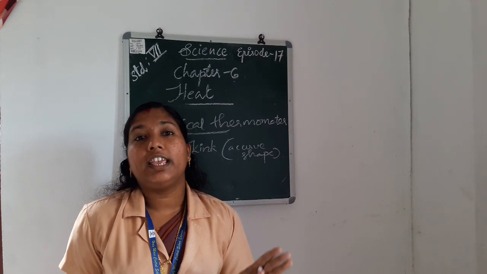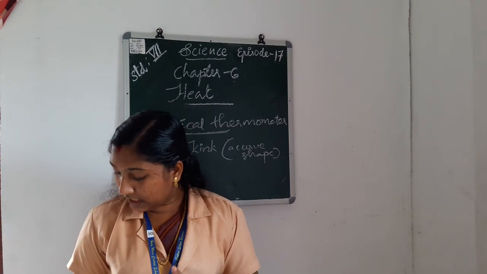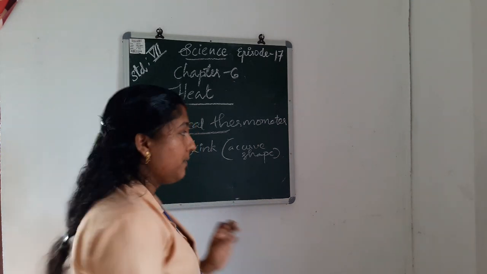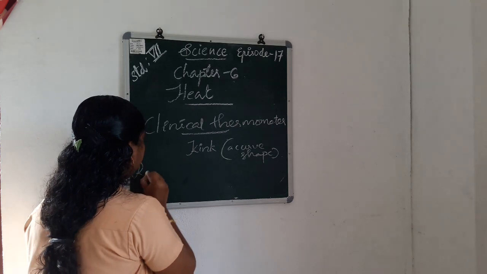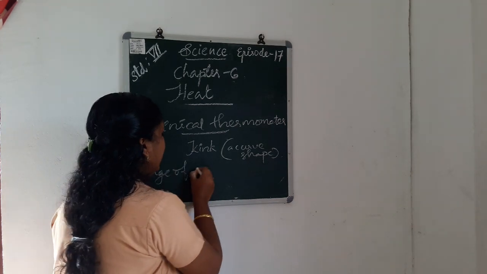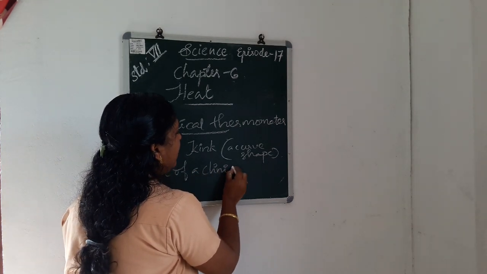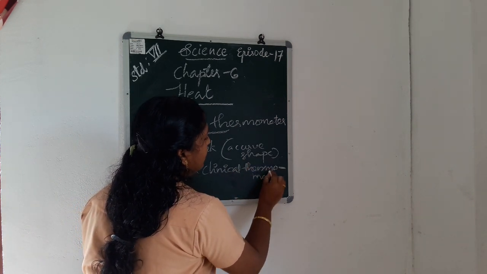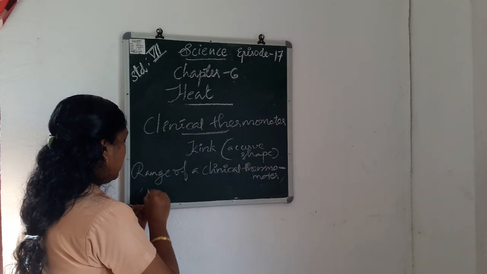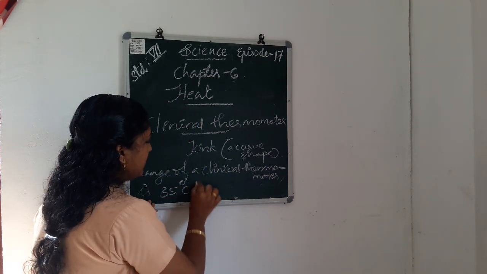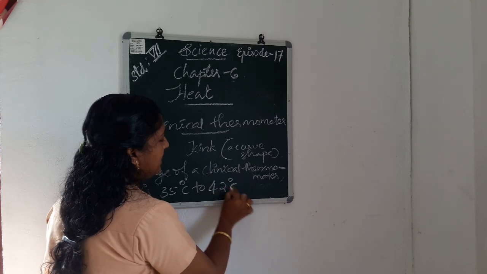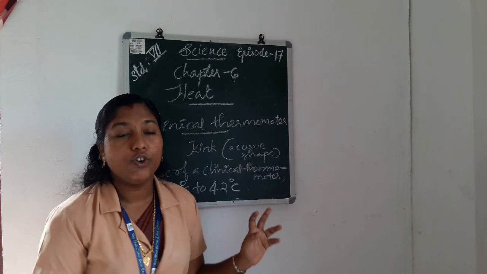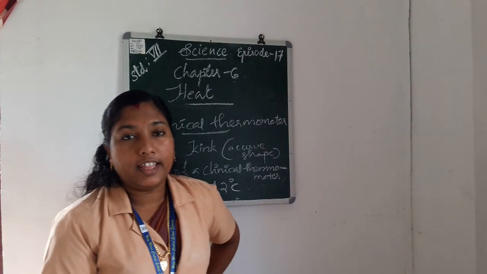The range of a clinical thermometer is 35 degrees Celsius to 42 degrees Celsius.